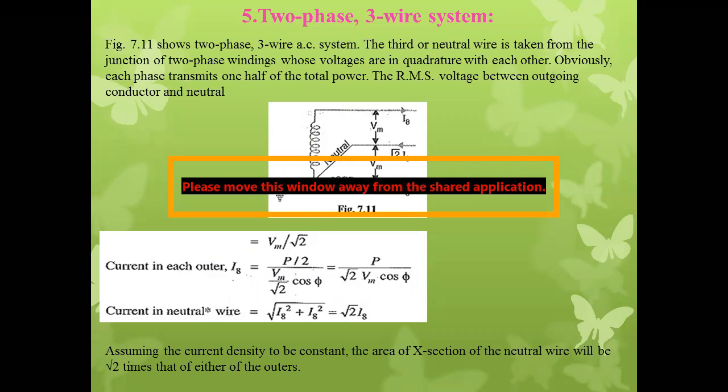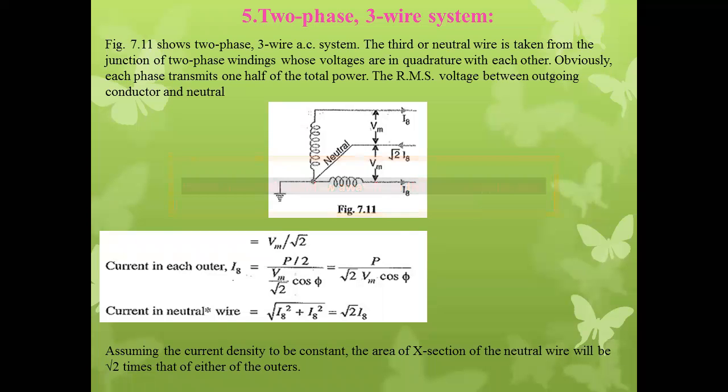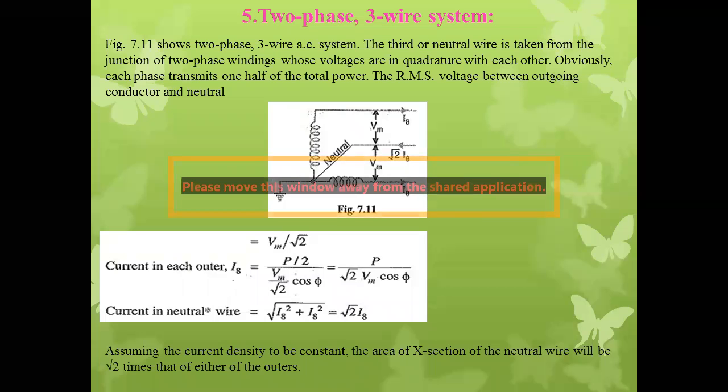Remember this point: in the two-phase winding, the voltages are in quadrature with each other. Quadrature means the phase difference between them is 90 degrees. Obviously, each phase transmits one half of the total power.